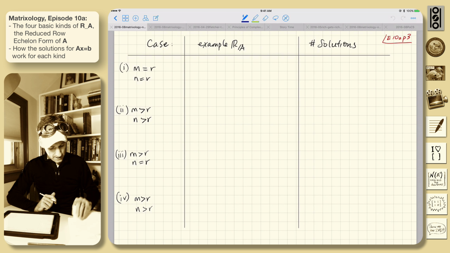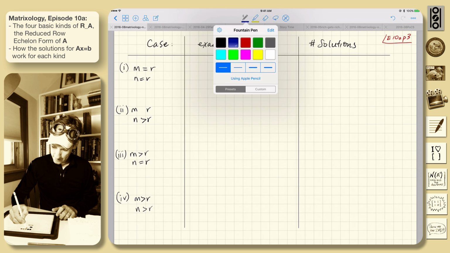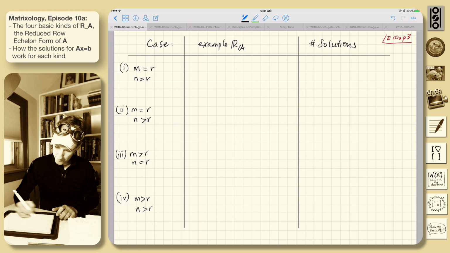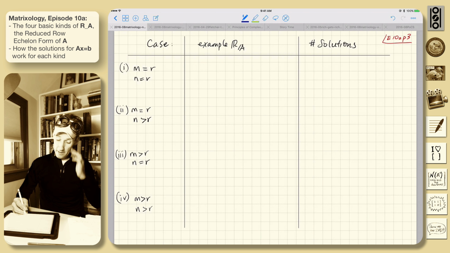Okay, do it like that. Yeah, that's good. We clean out some bugs here. I want that to be an equal sign, so we get this right. So m equals r and n equals r.